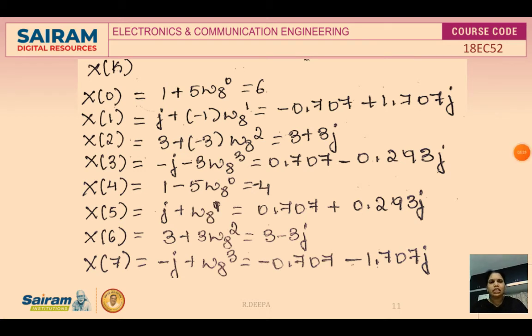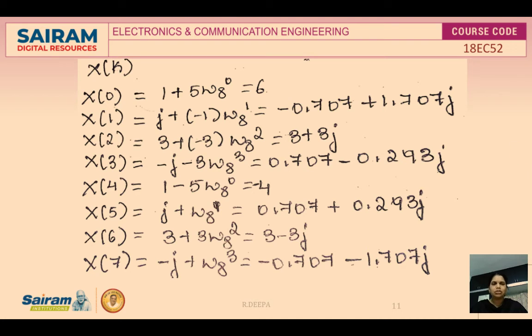So in the same way, you can write the remaining set of equations for x of 3, x of 4, x of 5, 6 and 7, and the output is manipulated here and it is listed out as 6 minus 0.707 plus 1.707j, and x of 2 as 3 plus 3j, and x of 3 as 0.707 minus 0.293j, and x of 4 we are getting as minus 4, and x of 5 it is 0.707 plus 0.293j, and x of 6 is 3 minus 3j, and x of 7 is minus 0.707 minus 1.707j. So this is about the entire x of k.